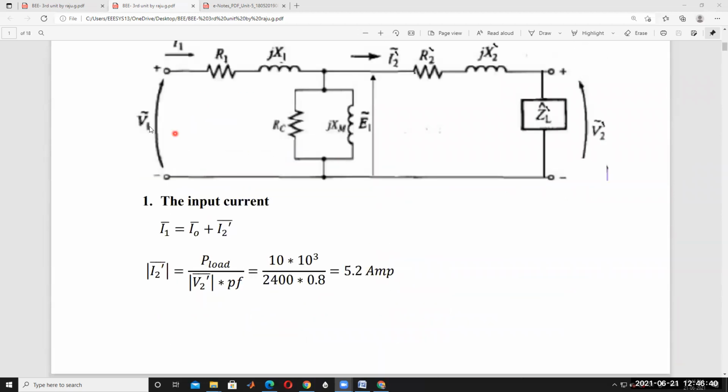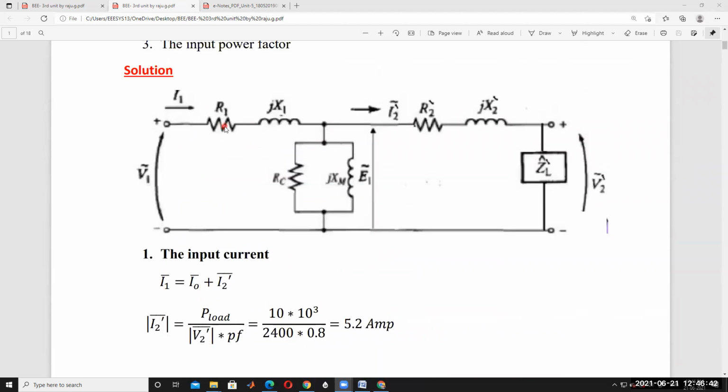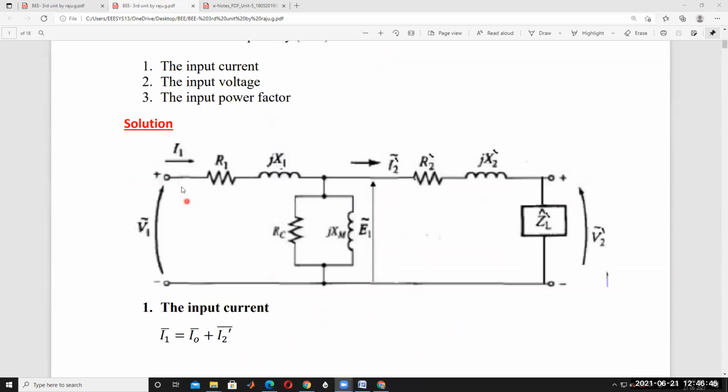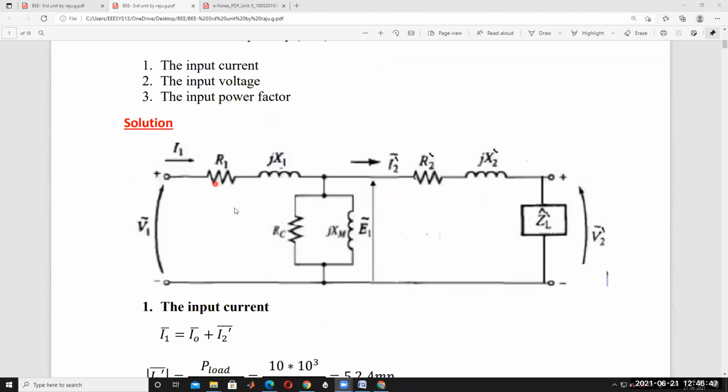If you want, it is also possible from the primary side. R1 is known, X1 is known, and you also know I1. In this way you will get the same result. Otherwise, from this side also, you will get the same result.